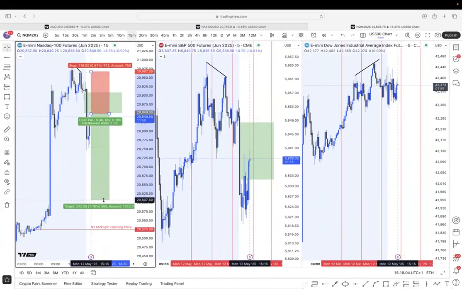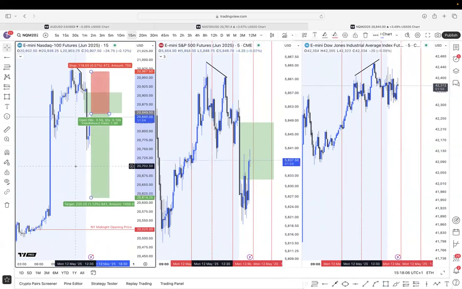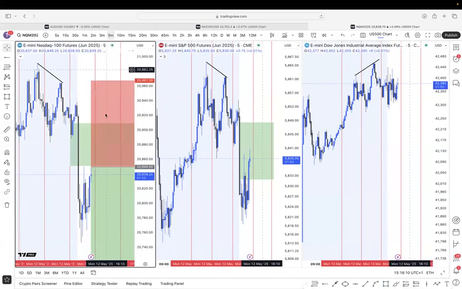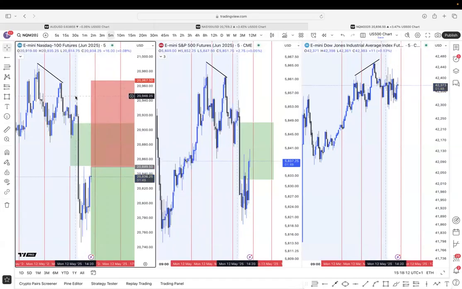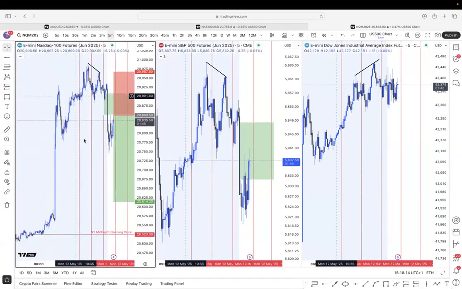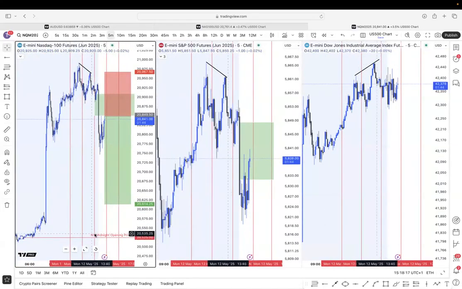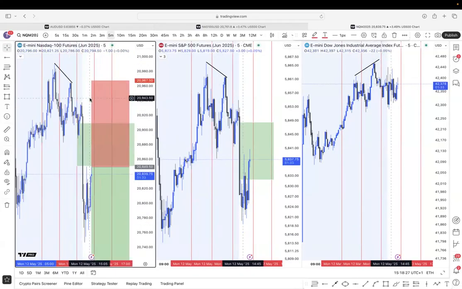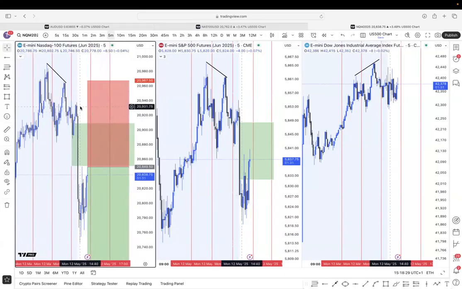We could look for a 1 to 2 out of this. Something like that could be an option for us to look for a move lower, based upon the fact that we are above the opening price and we have divergence between consecutive cycles in the 90-minute cycles. Again, the times have been sent to you in previous lessons, so go and study the times relevant to the session you're going to trade.